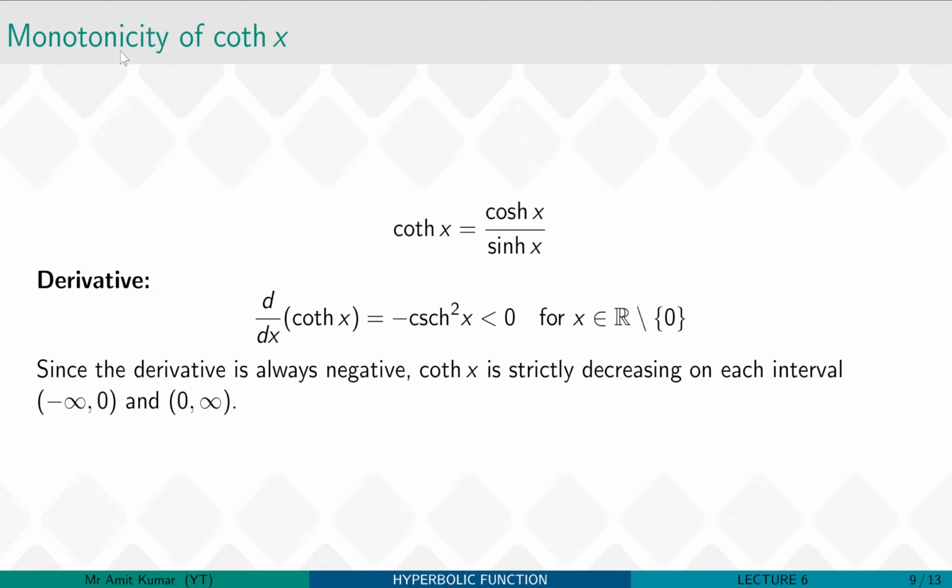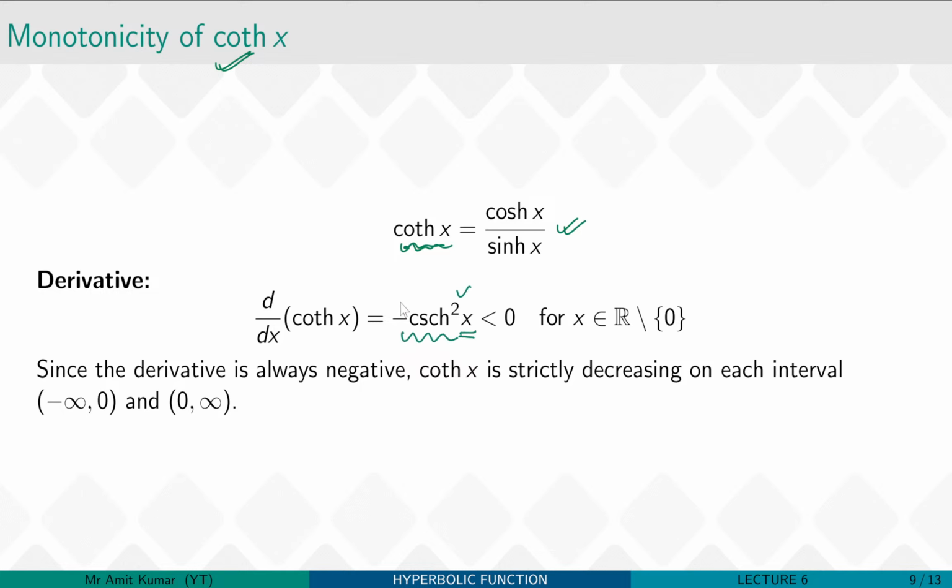Okay, now the monotonicity behavior of coth hyperbolic x. Basically, coth hyperbolic x is defined like this: cosh x divided by sinh x. And now, what is the derivative? Basically, the derivative of coth hyperbolic x is equal to minus cosech hyperbolic square x.